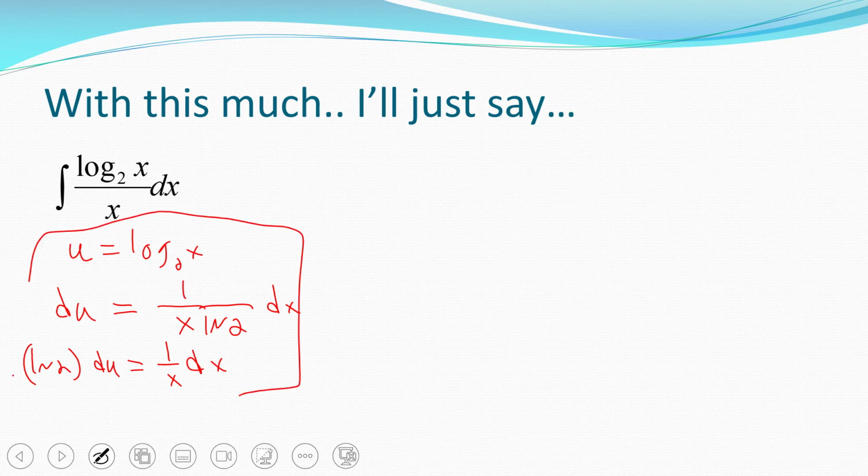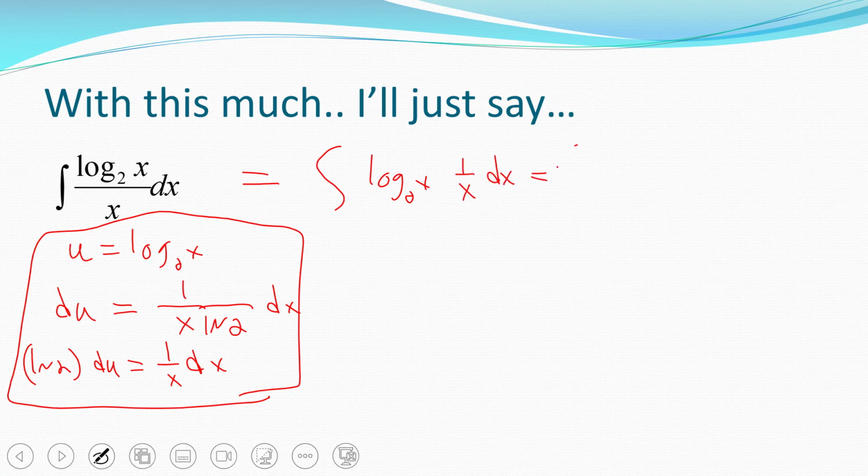Using these substitutions, I'll rewrite it once. That's really the antiderivative of the log base 2 of x times 1 over x dx. So that is the antiderivative of u, since this part here was u, and 1 over x dx is the natural log of 2 times du.